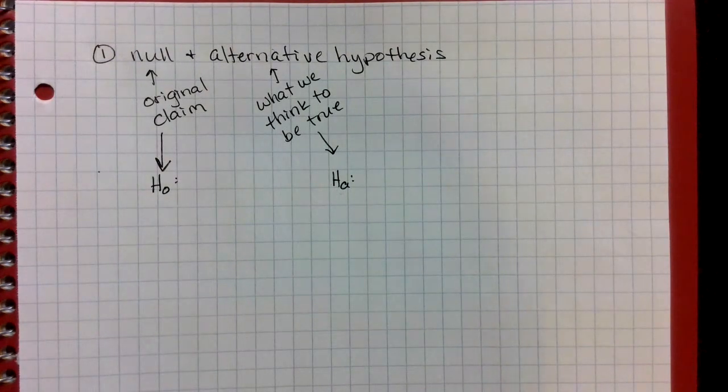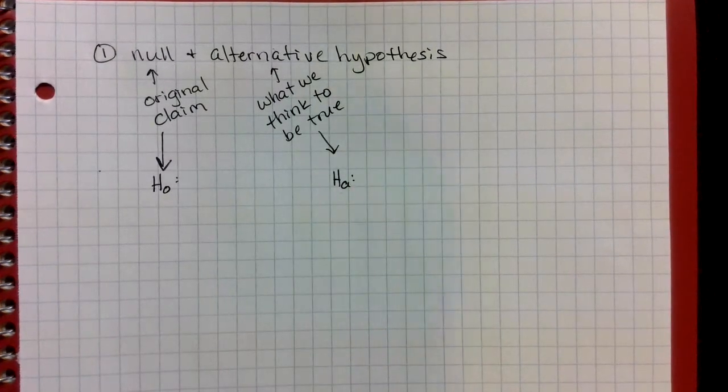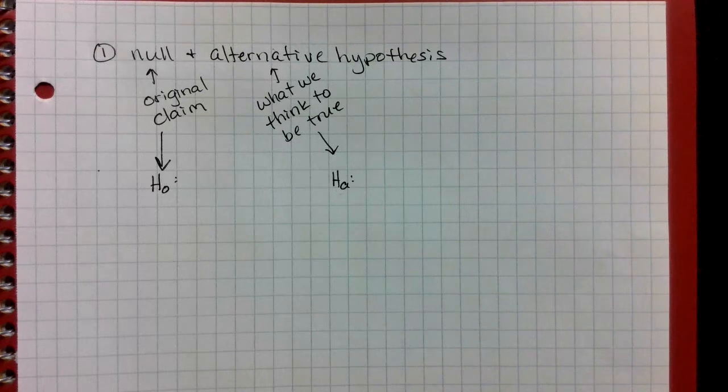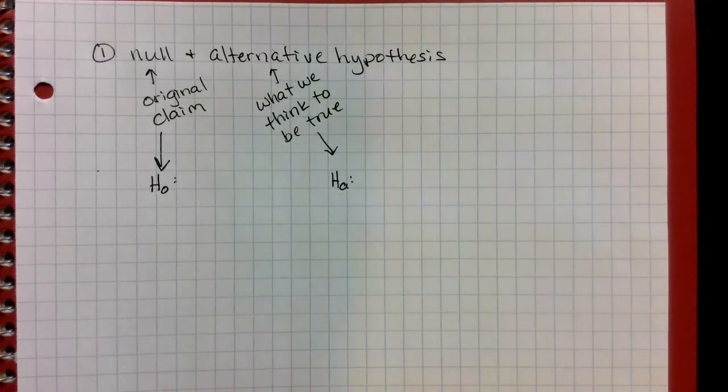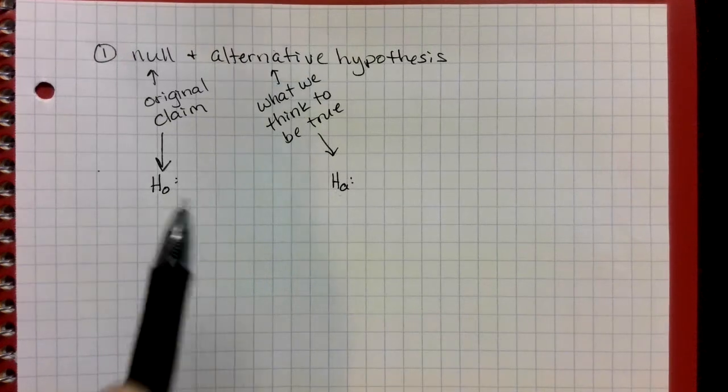Now, a couple of other things about this. You notice after the H sub O, H sub A, I have a colon. That's because more information has to go with this. So it depends on if you're doing a test for means or proportions, what symbol you use. If you're doing a test for means, somebody is making a claim about a population mean.